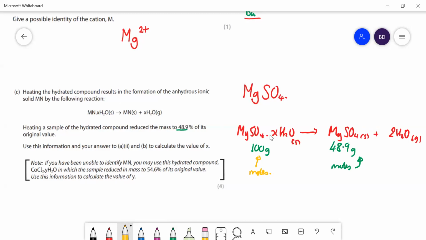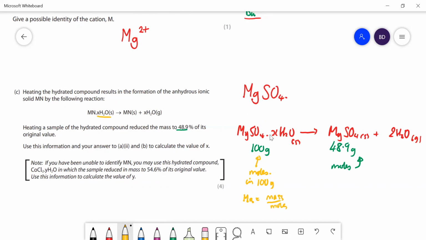That's going to be the moles in 100 grams. So we know the number of moles, and we know the number of grams here, so we can work out the MR, which is equal to mass divided by the number of moles. If we work out MR, then we can work out the value of X.